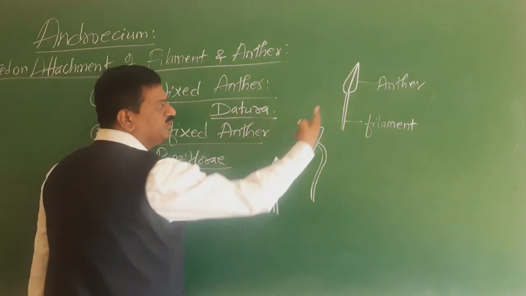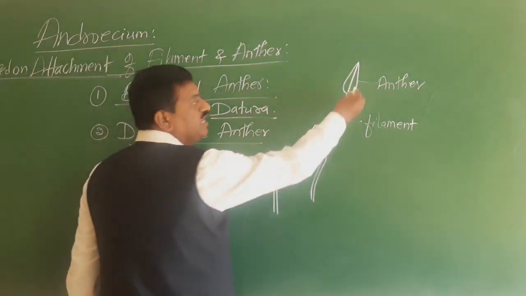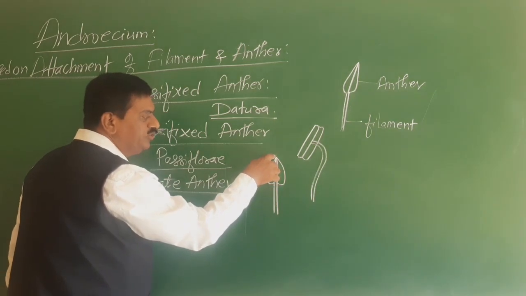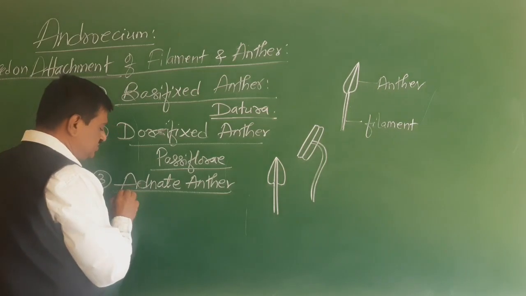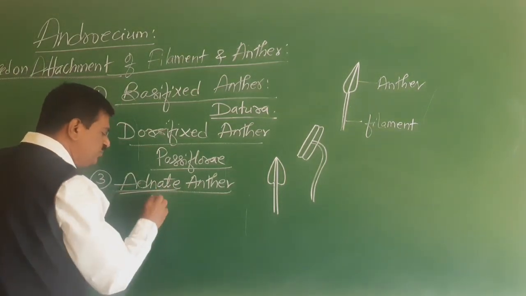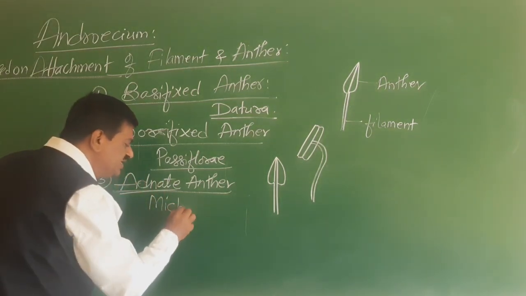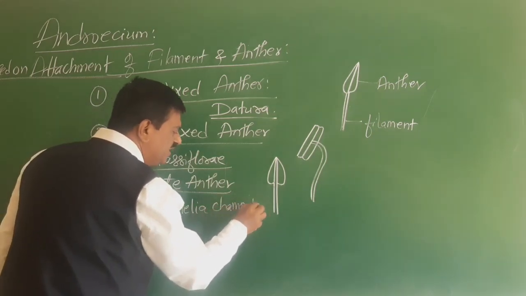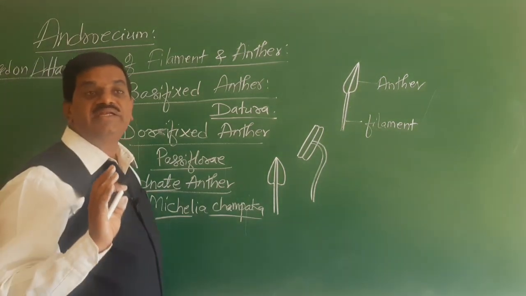You can see the difference between basifixed and adnate. In basifixed, at the base of the anther, the filament starts. But here, the filament continues to the tip. On either side of the filament, the anthers are present. For that, we use the word adnate anthers, and this can be noticed in Michelia champaka.